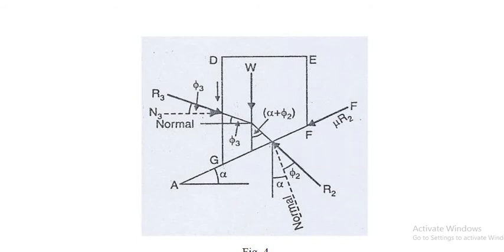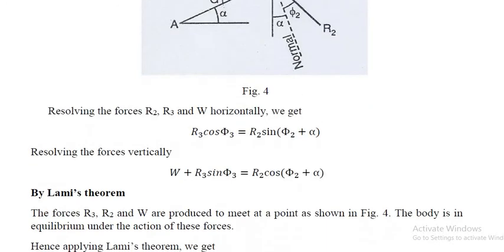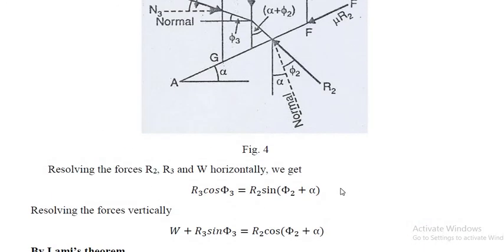R3 cos phi 3 equal to R2 sin phi 2 plus alpha. So the R2 component will be acting on this side and the R3 component will be acting in the opposite direction. So if we balance this, R3 cos phi 3 equals R2 sin phi 2 plus alpha.